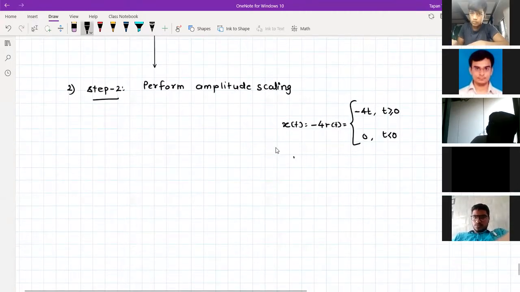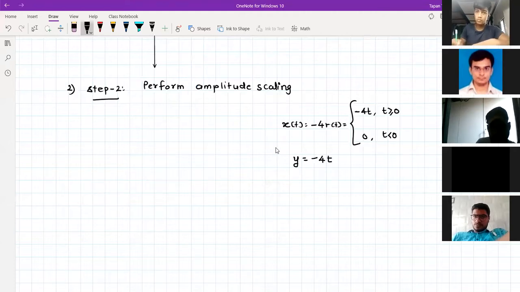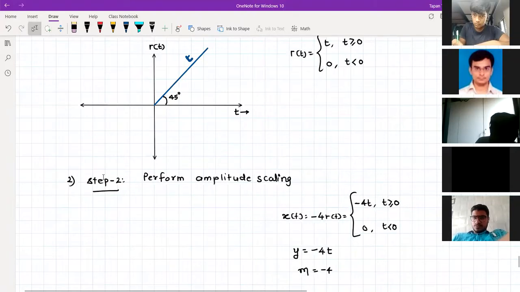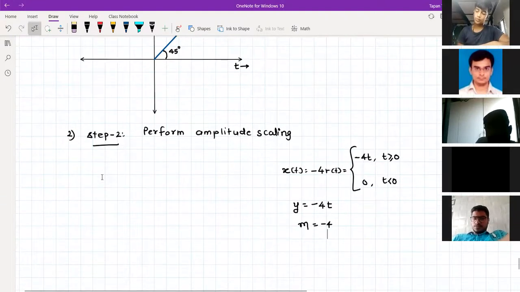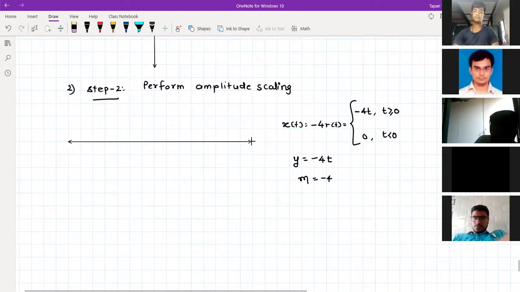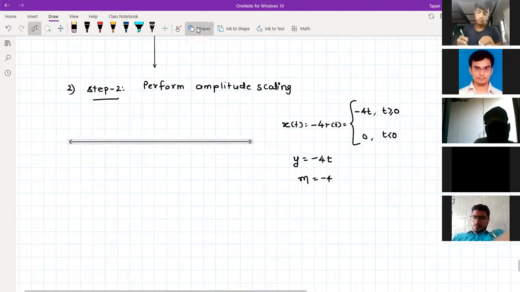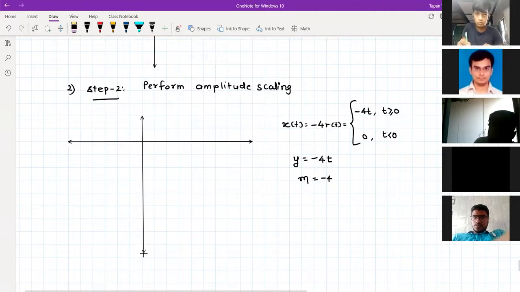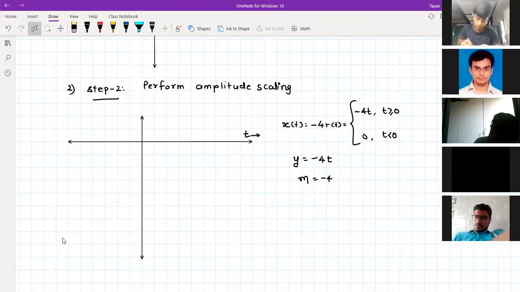Now any line x of t equal to y, let's say, has a slope of minus 4. Understood? Let us say t, right?